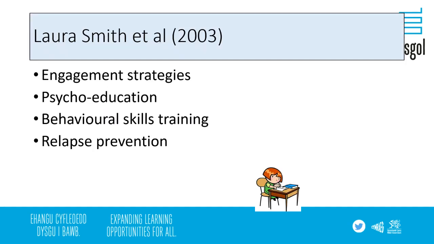This is your researcher. So like I said, there aren't very many researchers for methods of modifying. There's lots for the evaluation, but not so much for the actual theory. But Laura Smith et al. 2003 looked at lots of different studies using CBT, essentially pulled together what she thinks would work best for people that have schizophrenia.